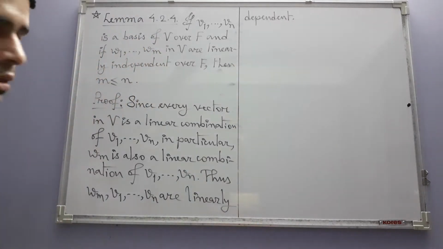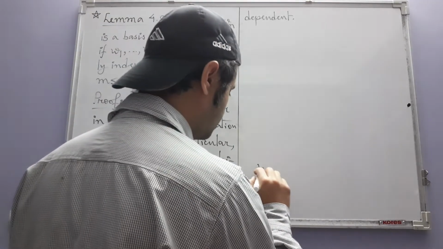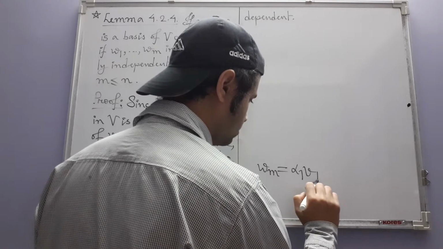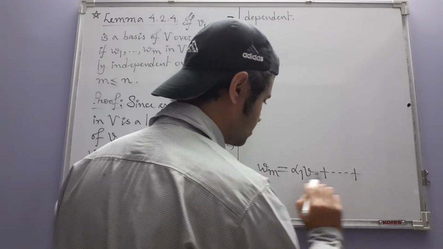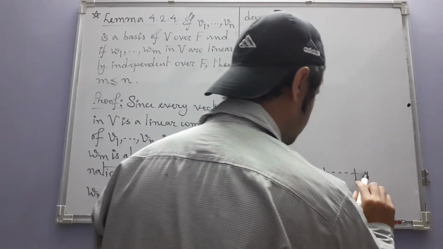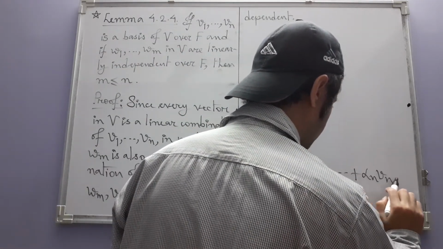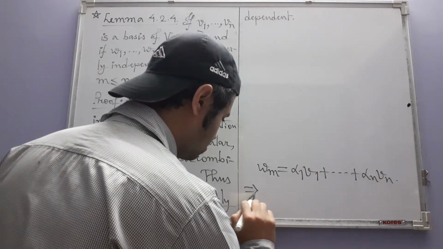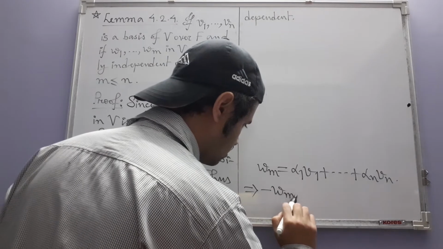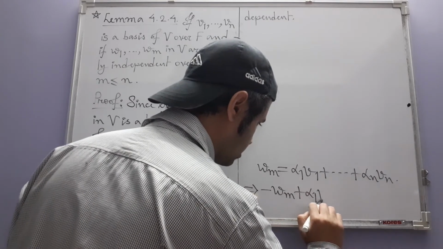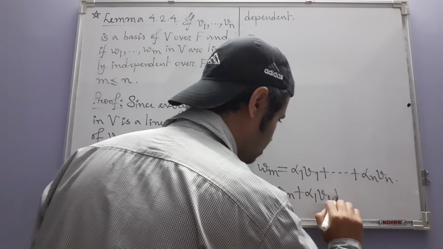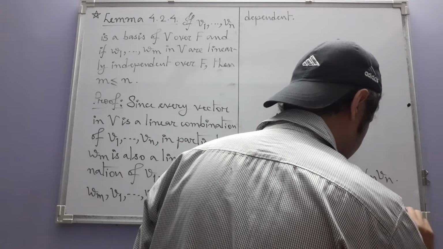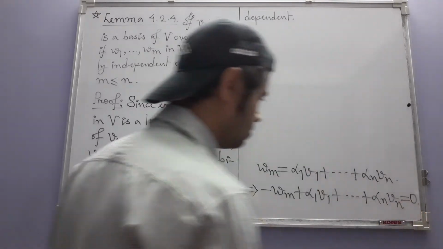Why? The reason is simple. We are saying that Wm is some linear combination of the Vi's. So that means there are some scalars alpha i's coming from the field such that Wm looks like this. And this implies we have an equation like this: alpha 1 V1 plus alpha 2 V2 and so on, alpha n Vn minus Wm equals 0.